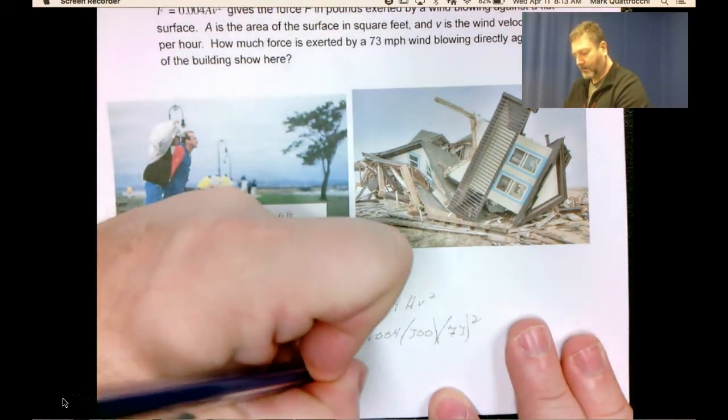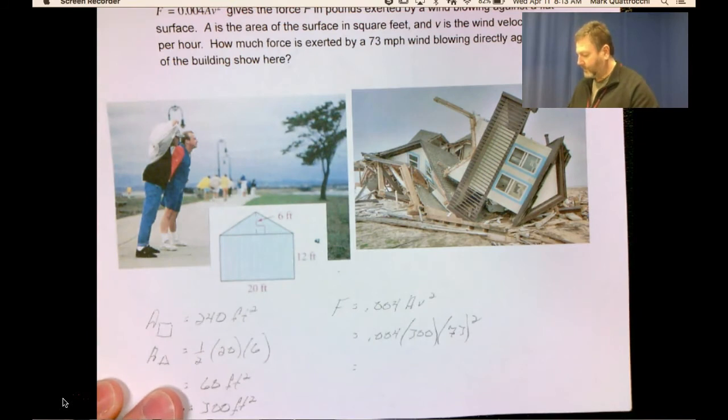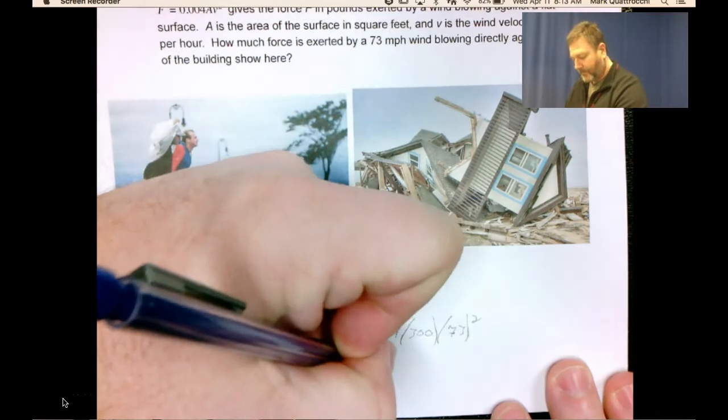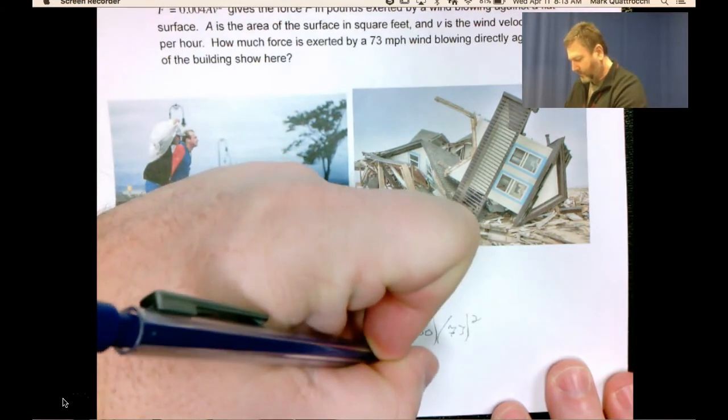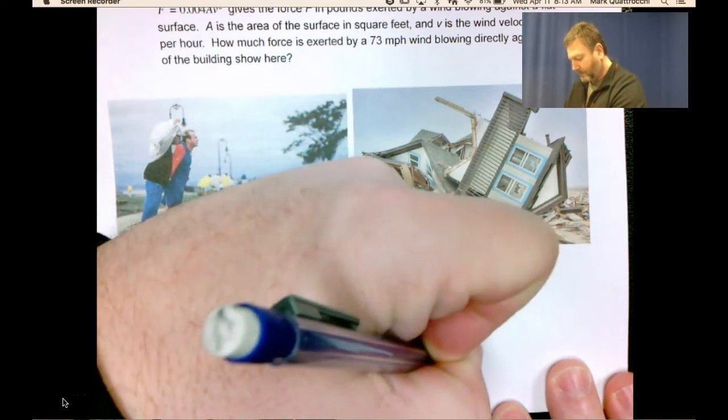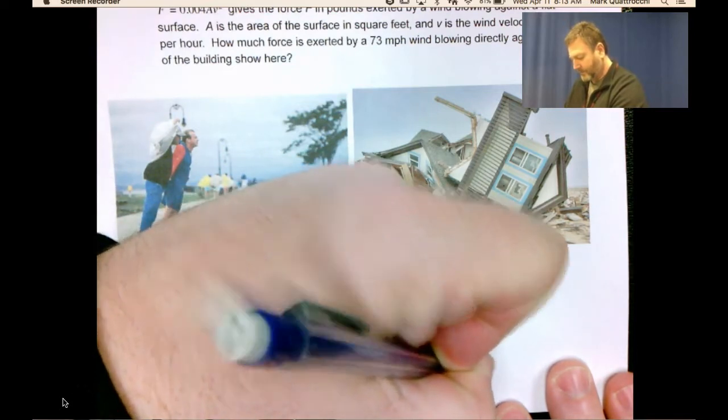And we go to our calculators. 0.004 times 300 times 73 squared gives me 6,394.8 pounds hitting the side of the house.